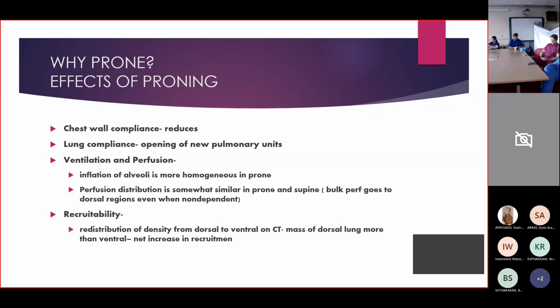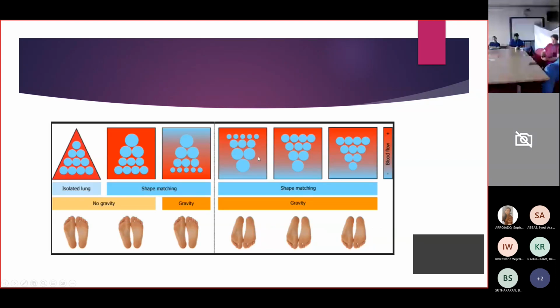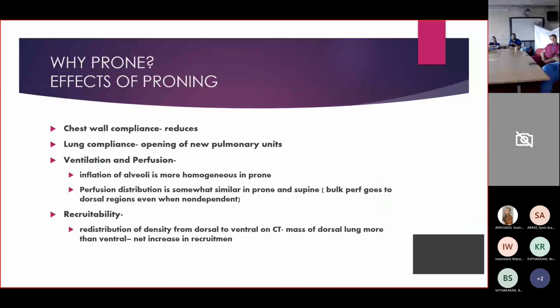When a patient is supine, as you can see in this picture, there are more hyperinflated alveoli in the anterior part, whereas in the posterior part, where the perfusion, the red area, is more, the alveoli are less ventilated. So when you prone the patient, there is a better distribution of ventilation, the ventilation perfusion mismatch becomes less, and this leads to better oxygenation.